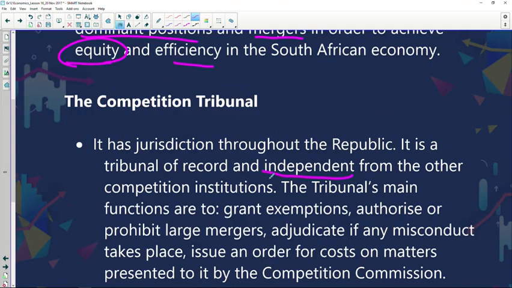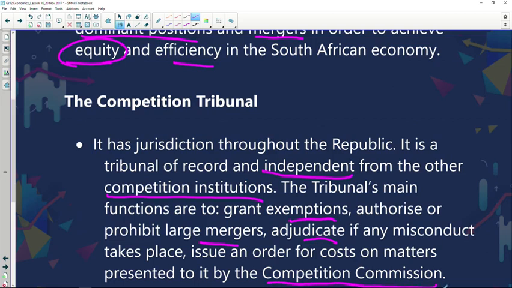The tribunal's main functions are to grant exemptions, authorize or prohibit large mergers, adjudicate if any misconduct takes place, and, quite interestingly, issue an order for costs on matters presented to it by the Competition Commission.